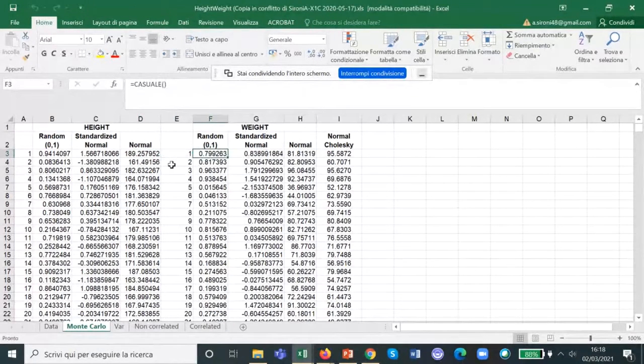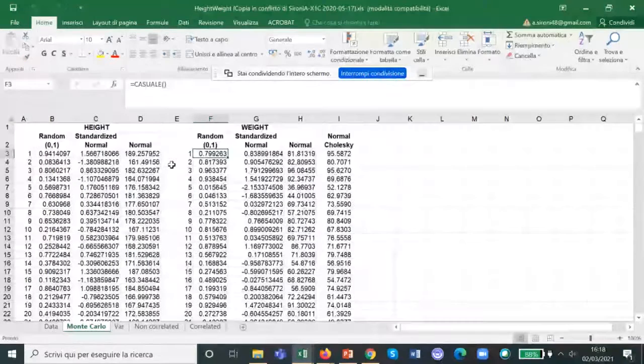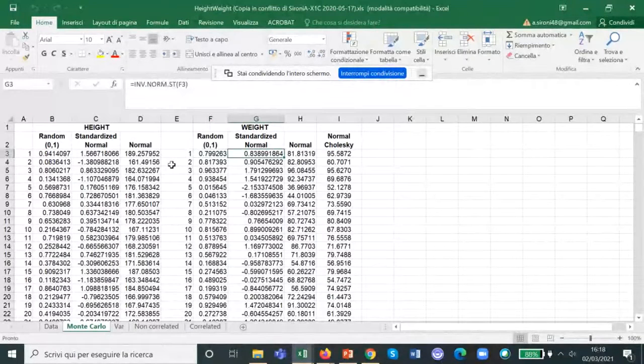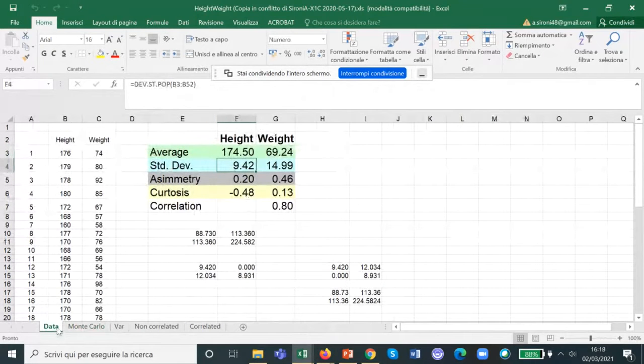We can simulate 1,000 values from 0 to 1, the corresponding standardized normal, and the corresponding value of our variable weight, okay?